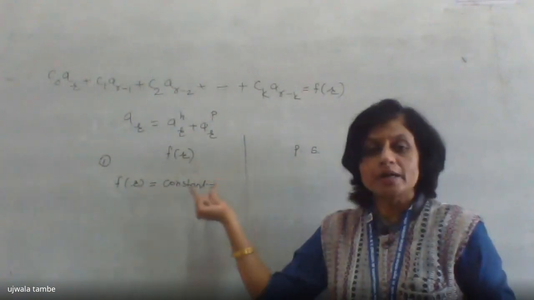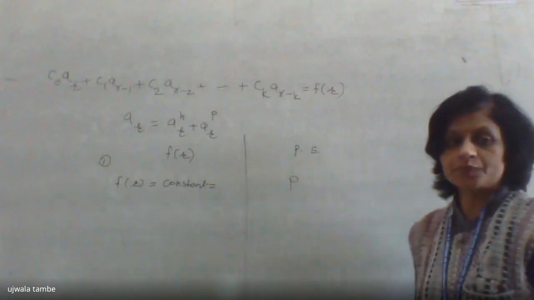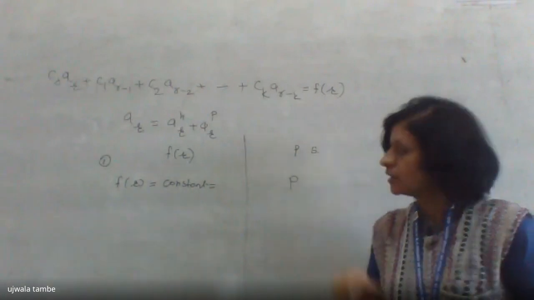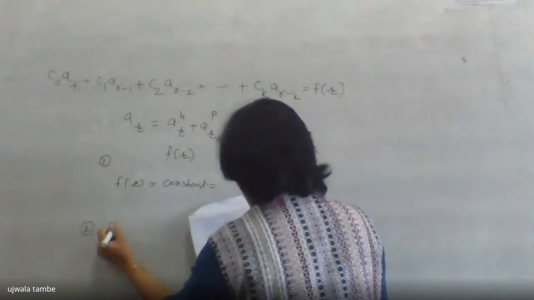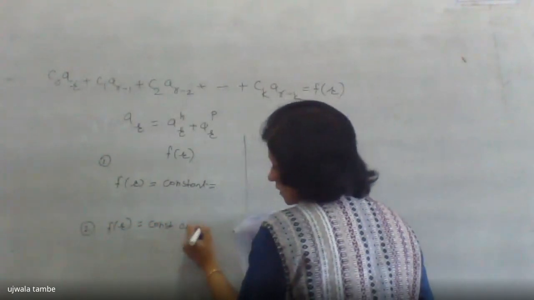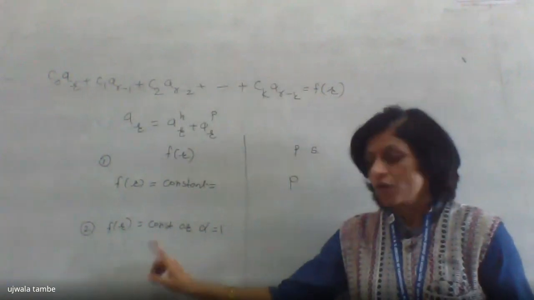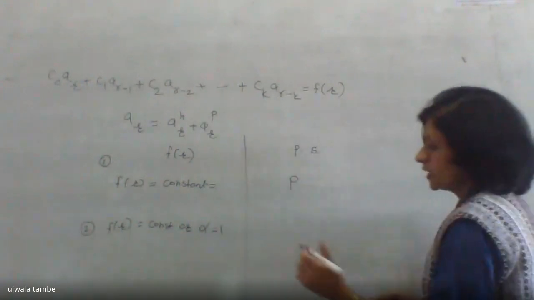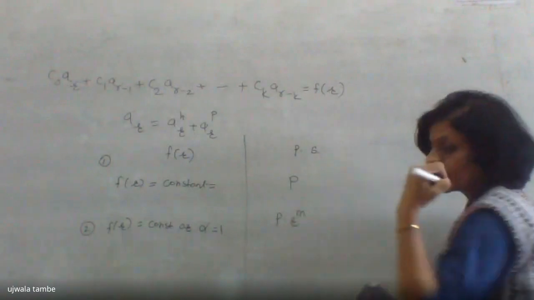If f of r is constant, then its particular solution is P, where we need to evaluate the value of P. Second case, if f of r is constant and the value of alpha is 1, or a multiple of n, then its particular solution is P into r to the power n.